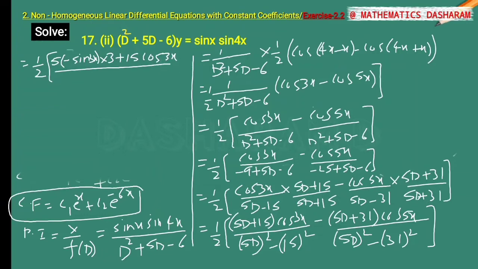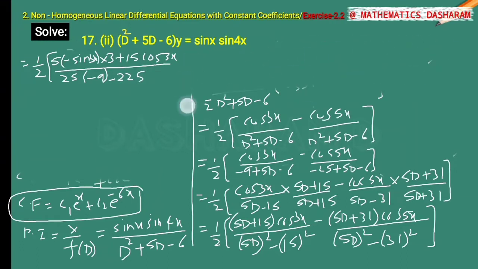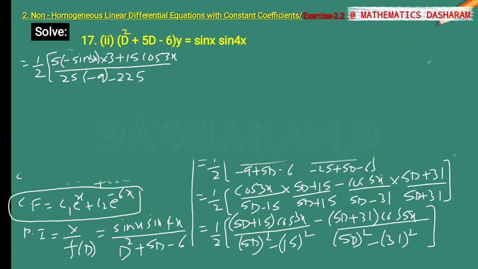divided by 25D square. What is the D square value here? D square value is minus 9, minus 15 square is 225. So, minus, here also 5D into cos 5x plus 31 into cos 5x.